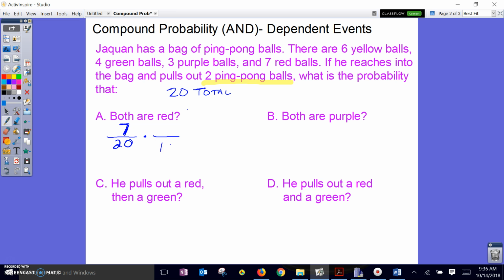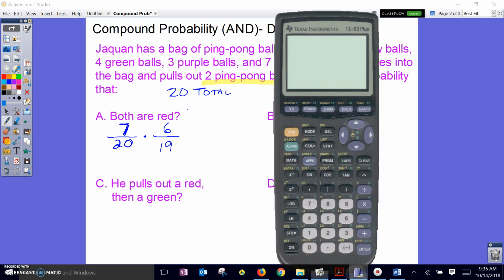There are only 19. And there aren't 7 red balls in the bag anymore, because we've already picked that he pulled a red ball with the first ball in order for both of them to be red. So there are only 6 red balls left in the bag. And so to find this probability, the correct calculation is going to be 7 over 20 times 6 over 19.